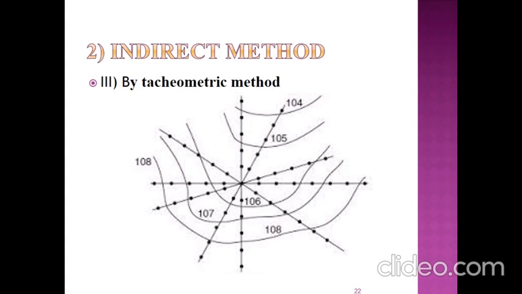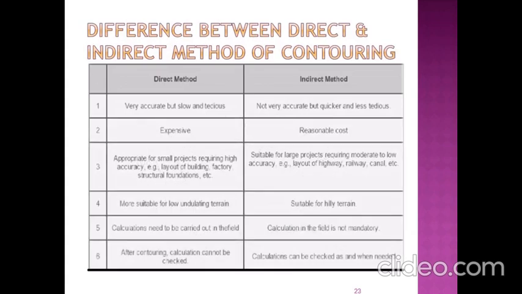The elevation and the distance are then calculated, and from the observed data contours are interpolated. So this is all about the tachymetric method.